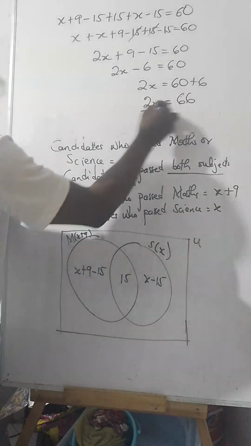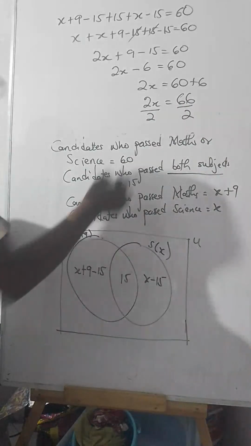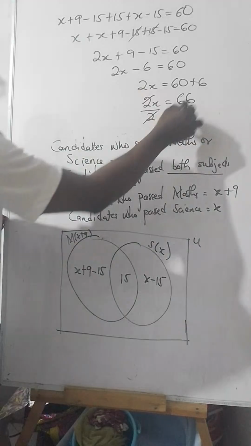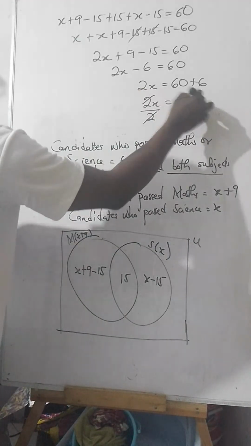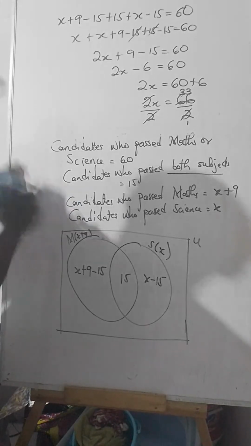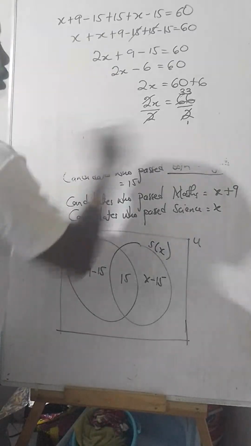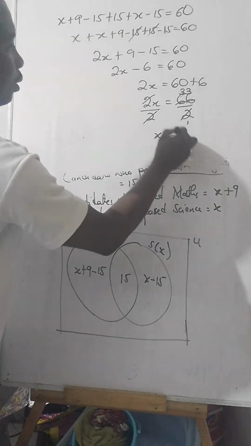So you can divide by 2. Divide by 2, the 2 cancels, and 66 divided by 2 gives 33. So obviously your x, that is what?